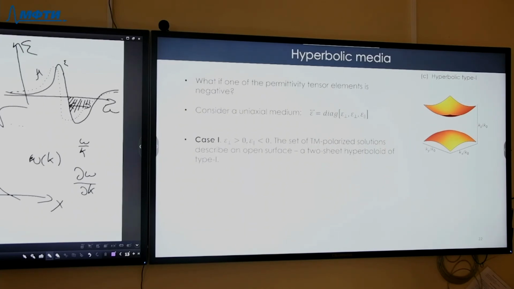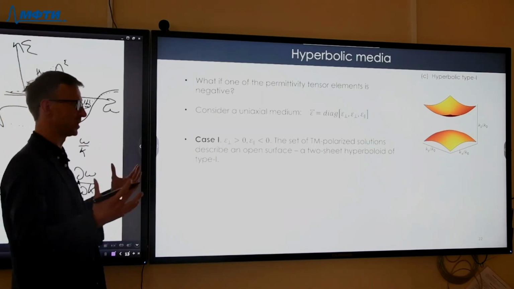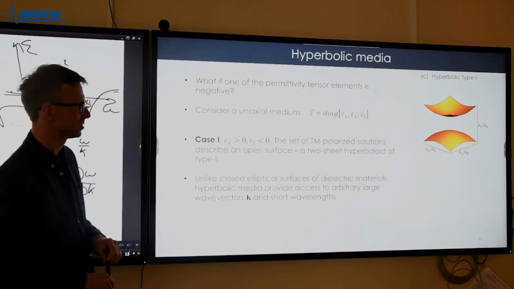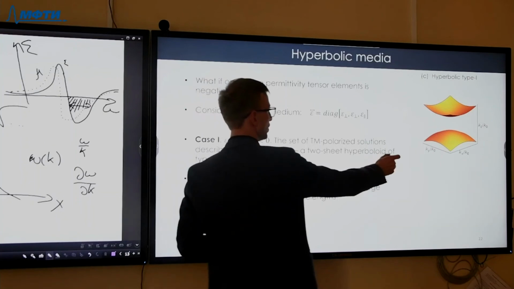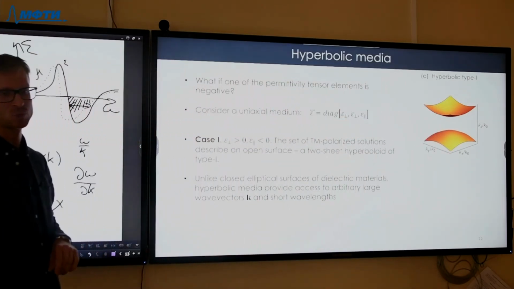This is interesting, first of all, because it is a two-sheet structure, where the two parts are disconnected from each other. The second reason, which is even more interesting, is that with this structure you can have access to arbitrarily large wave vectors because of the form that the Fresnel equation takes. This equation describes solutions with arbitrarily large kx, ky, and kz. And this is similar to evanescent waves.